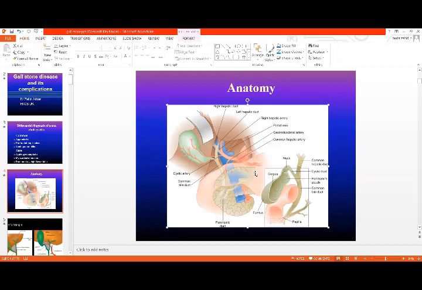So a posterior duodenal ulcer can perforate into the gastroduodenal artery, and the bleeding can give a massive hematemesis.